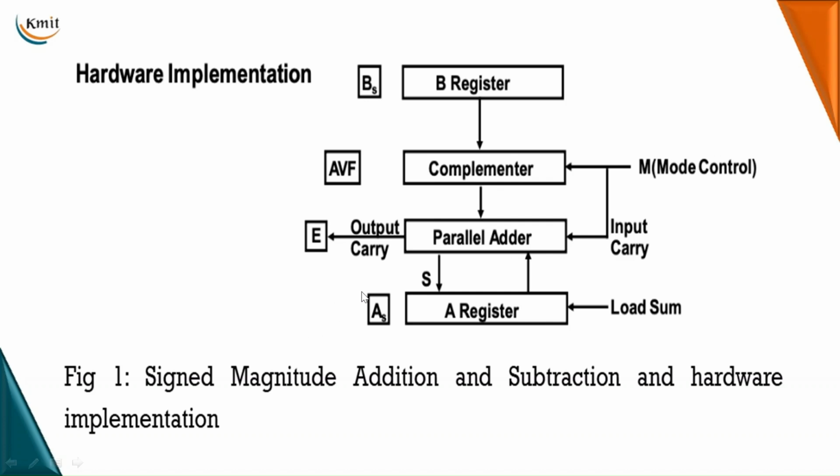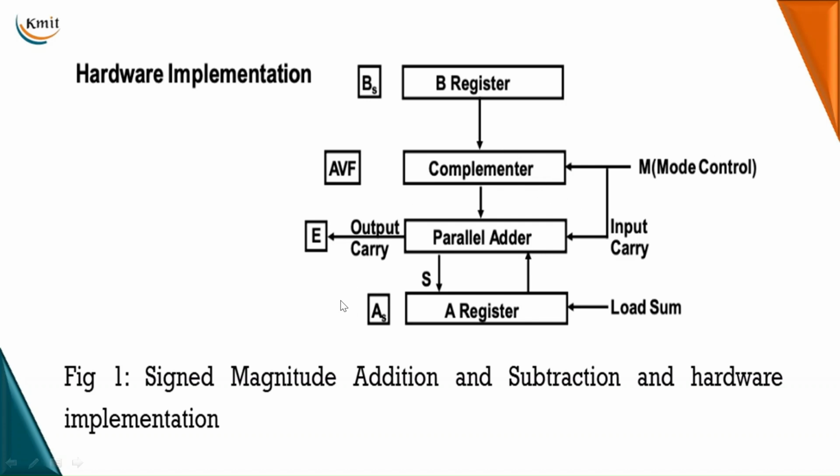Here the subtraction operation is done by adding A to the 2's complement of B. If I have to perform A minus B, then I add A to minus B, which can be represented as the 2's complement of B. In that way, I can perform A minus B. So there is no subtractor internally present in the hardware. Using a complementer, through addition itself, the subtraction operation is done.